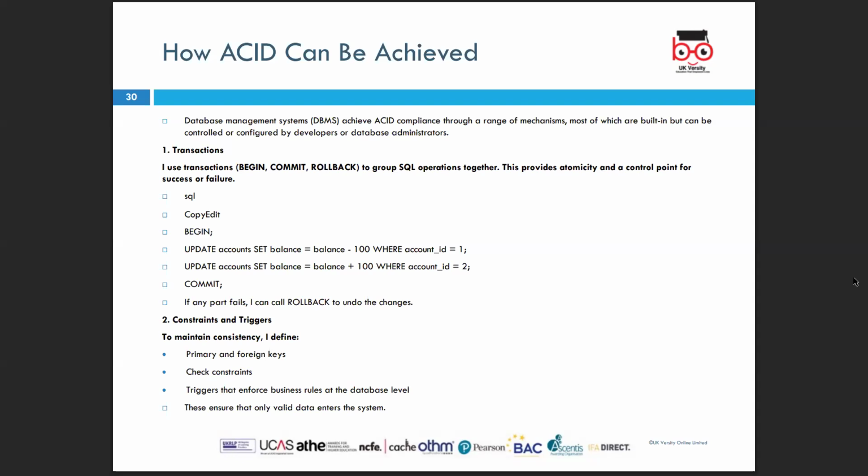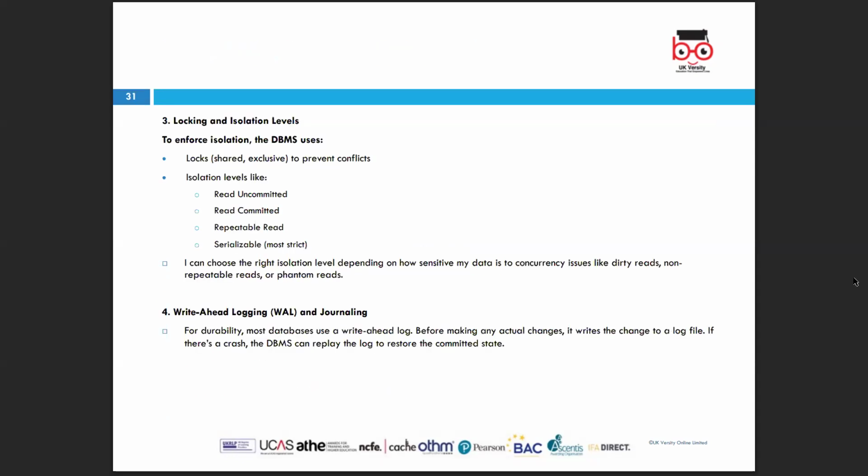Constraints and triggers. This is to maintain consistency, and we can now define our primary and foreign keys, check constraints, and triggers that enforce business rules at the database level, and this ensures that only valid data enters the system. Locking and isolation levels.